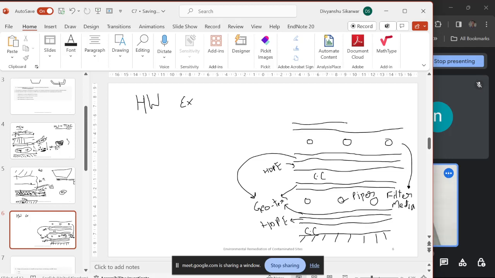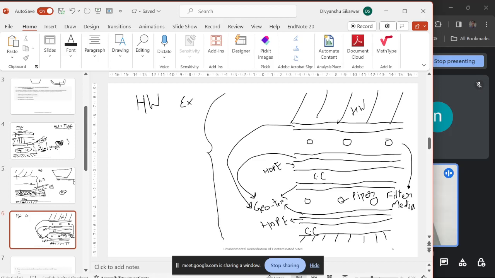Then you have geotextile again, and then you have your hazardous waste. So this is basically the cross section of a TSDF.